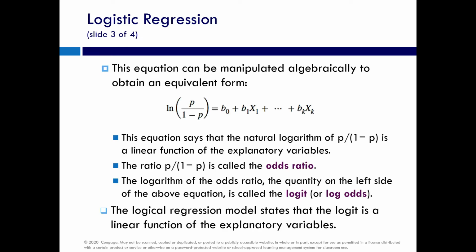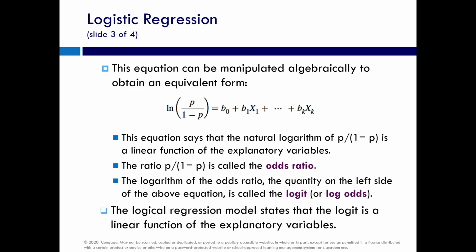This equation can be manipulated algebraically to obtain the following. The equation says that the natural logarithm of p divided by 1 minus p is a linear function of the explanatory variables. The ratio of p to 1 minus p is called the odds ratio.